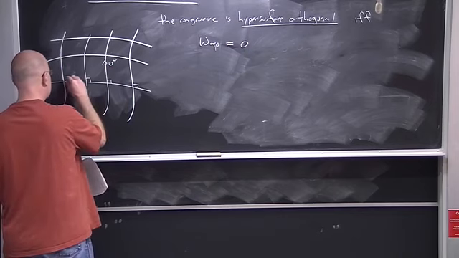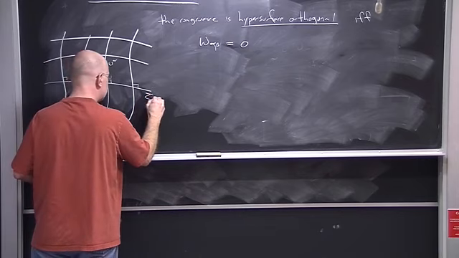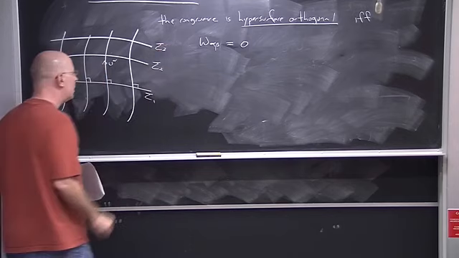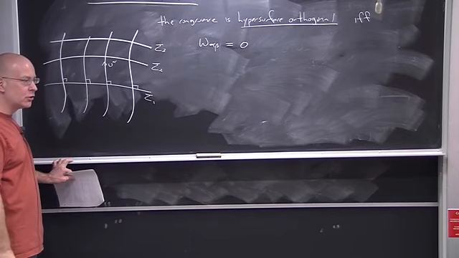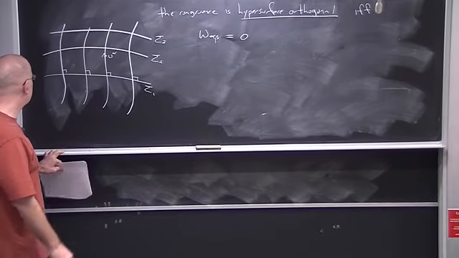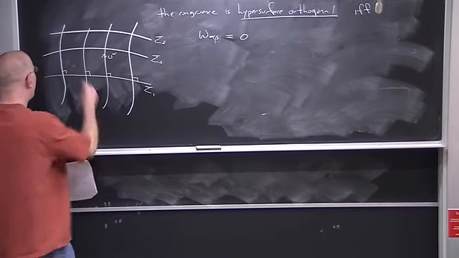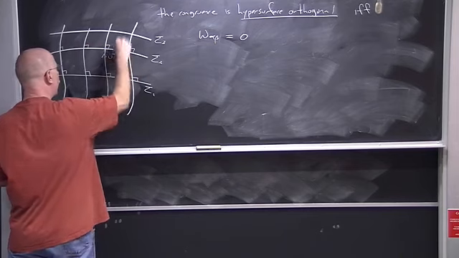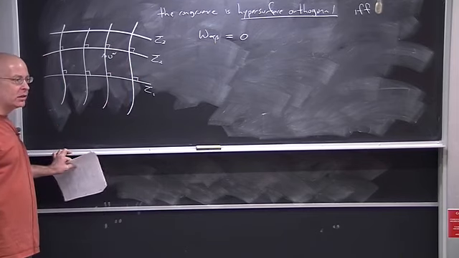So you have hypersurface sigma 1, hypersurface sigma 2, hypersurface sigma 3. You have a whole stack of hypersurfaces at every point in this open region in which the congruence is defined. And at every point, the normal to the hypersurface is aligned with U.